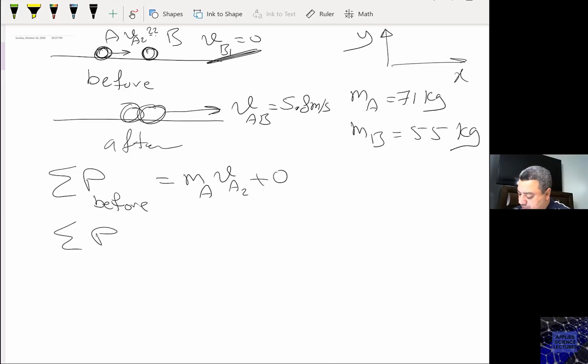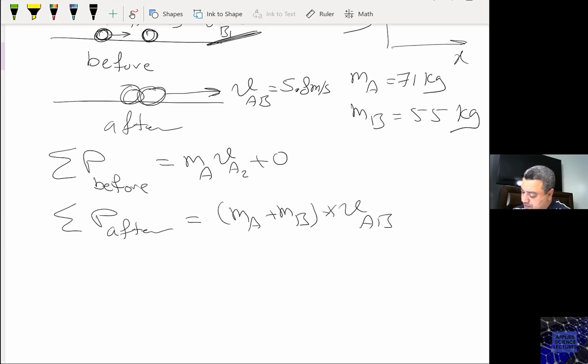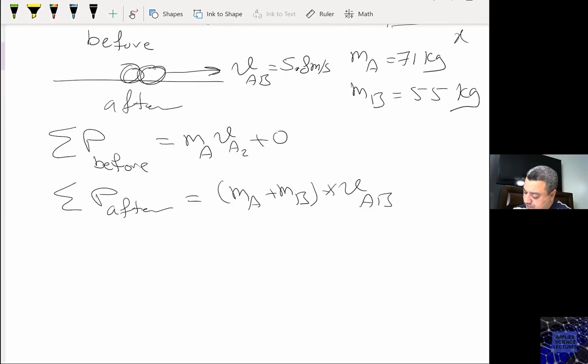Sigma P after is MA plus MB times VAB. Now, conservation of momentum, they are equal.